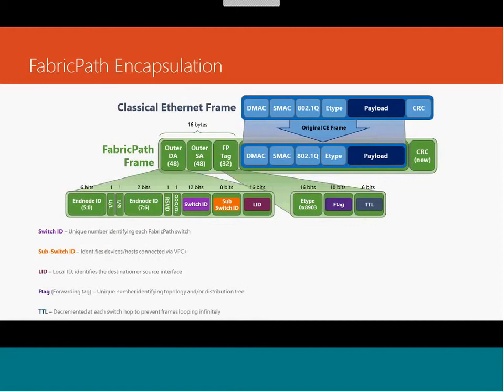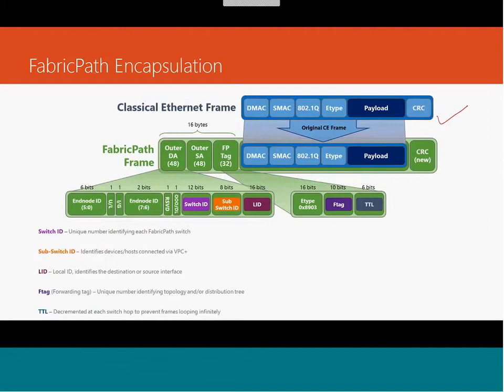right? So what does the Fabricpath frame look like? This is the layer 2 payload or layer 2 frame, classical Ethernet. Now this actually gets encapsulated within the Fabricpath frame, where the Fabricpath frame has the outer destination address, the outer source address, the FP tag, and the CRC, right?